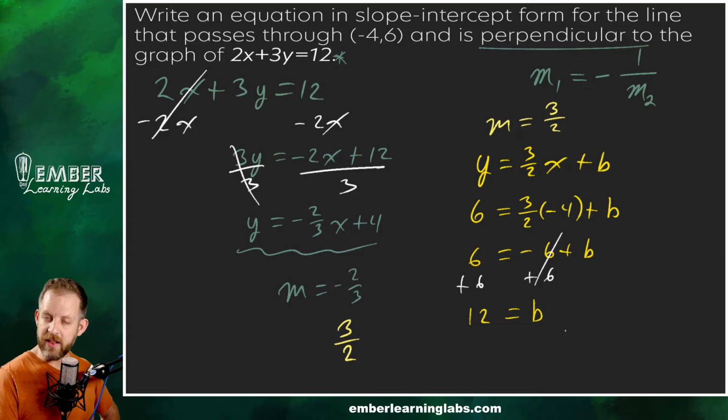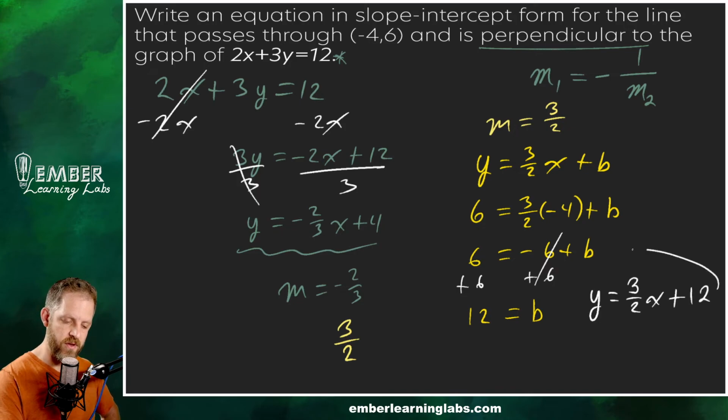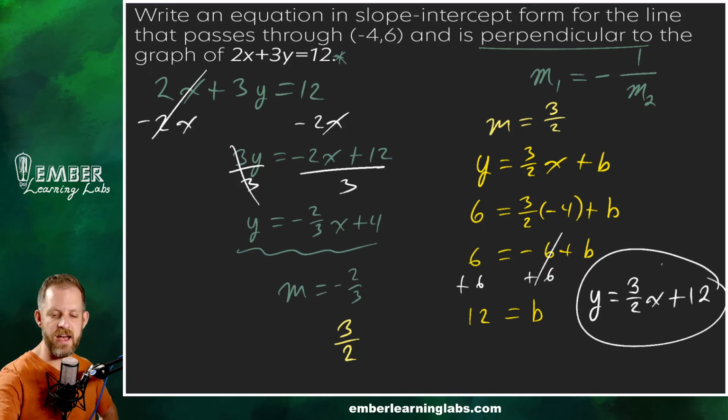So the equation of the line that we are looking for is y = m, so 3/2 x + b, and b we just discovered was 12. There it is, guys and gals.